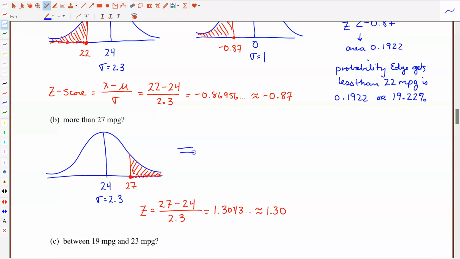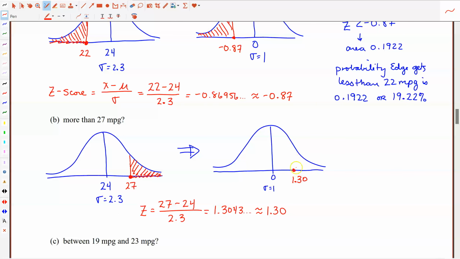Alright, so let's translate my information to a standard normal distribution. So just draw a new curve. The mean is 0, the standard deviation is 1, and the z-score I want to mark is 1.30, so that would be somewhere over here to the right of 0.